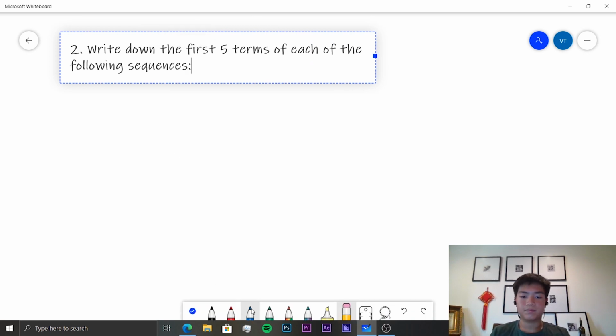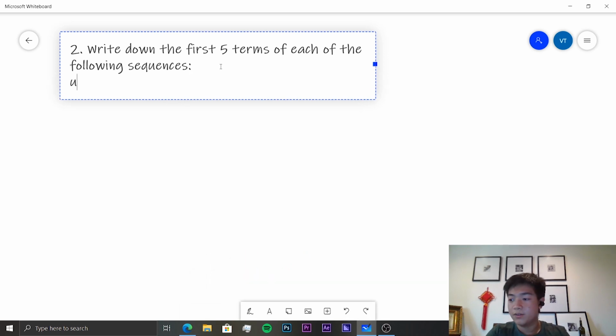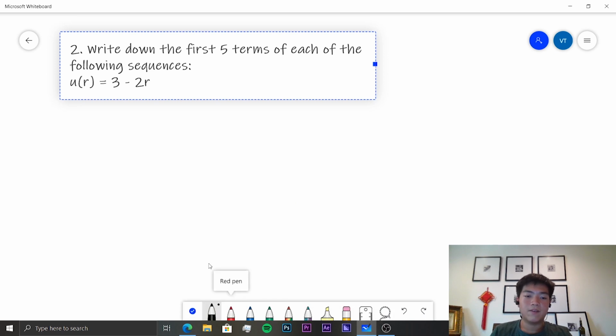The first sequence we have is ur is equal to 3 minus 2r.